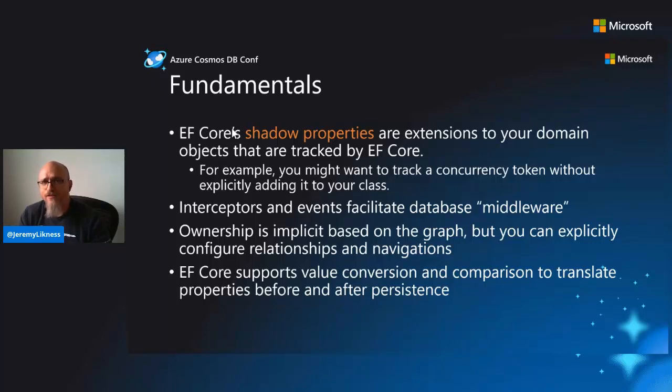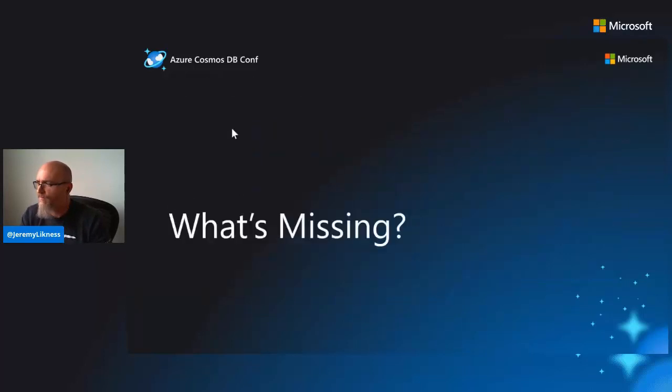So entities are typically their own tables or containers or storage units, if you will, but you can override that and say this entity is owned by that entity. The other important thing to note is I mentioned that there's no built-in support with EF Core for primitive arrays. That can actually be handled, it's just not built in, using value conversion and comparison. And I'm going to show you an example of what that looks like as well.